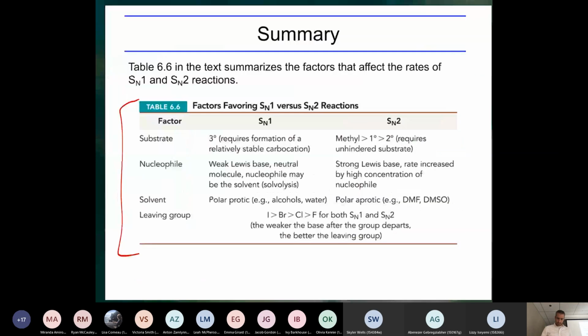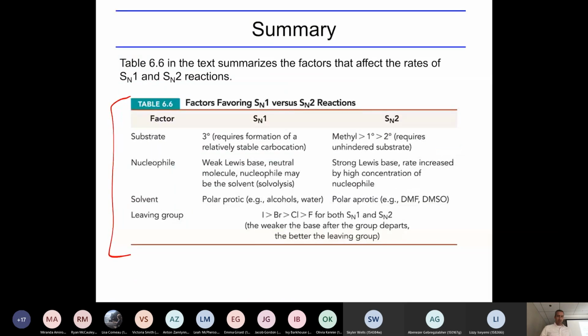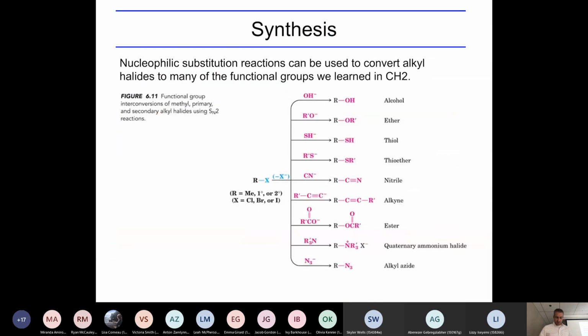Cool. Now, we can use substitution reactions to make all kinds of different functional groups. You can use hydroxide as a nucleophile to make alcohols, alkoxides as nucleophiles to make ethers, SH minus to make thiols and thioethers.